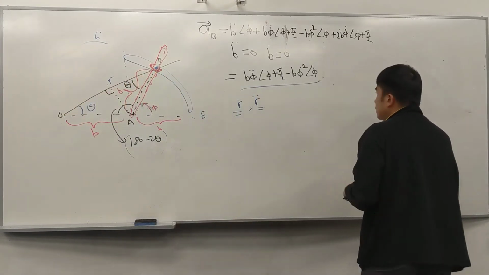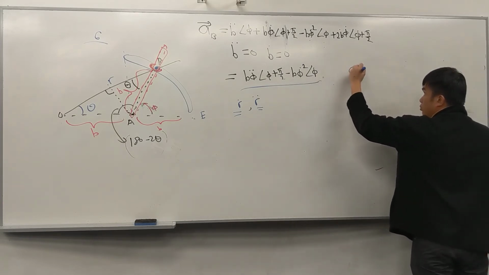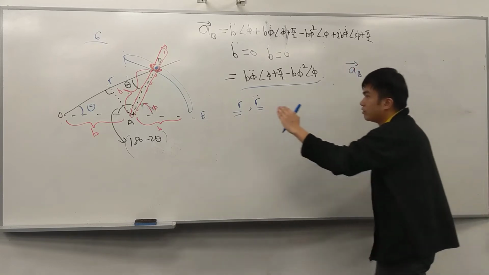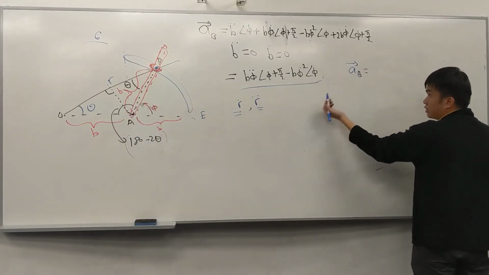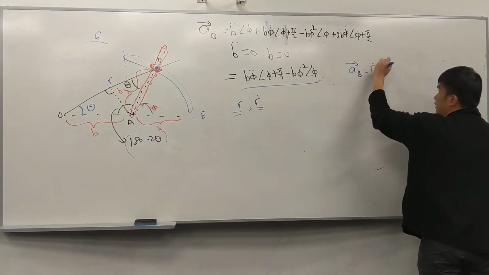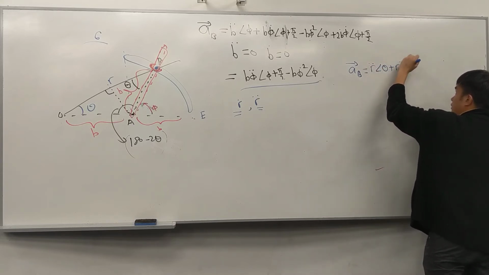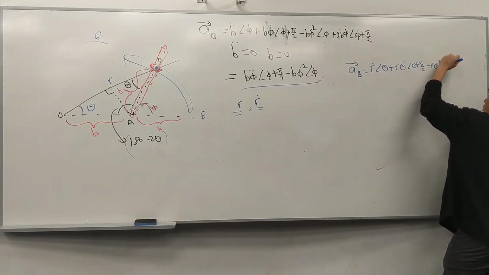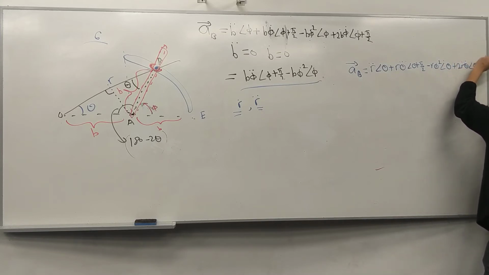And if you remember, just to write down clearly, if you want to set up the polar equations based on this rod and this ring, the acceleration of B is equal to R double dot direction theta, plus R theta double dot direction theta plus 90, minus R theta dot squared direction theta, plus 2R dot theta dot direction theta plus 90.